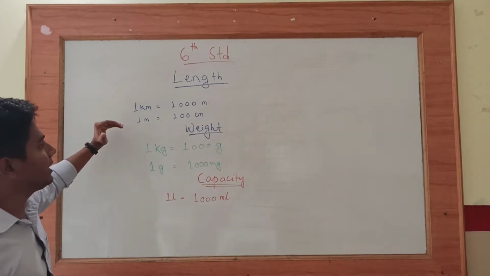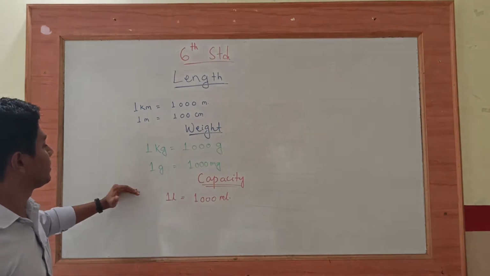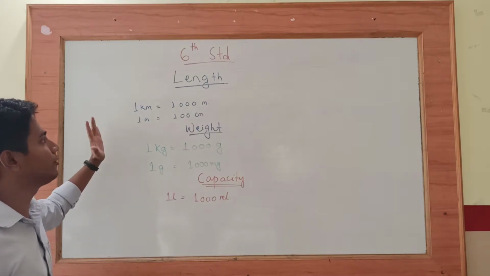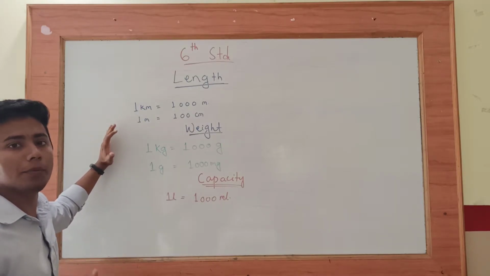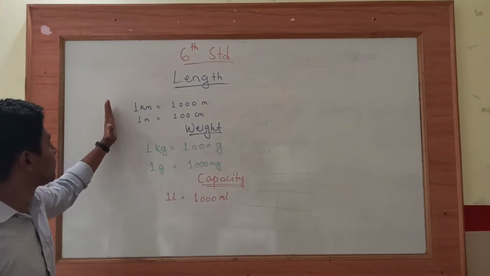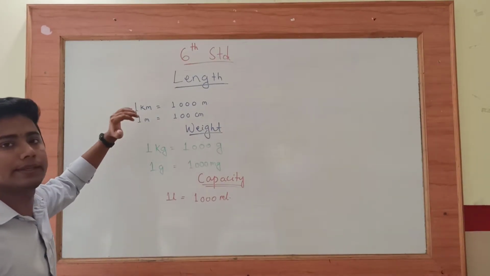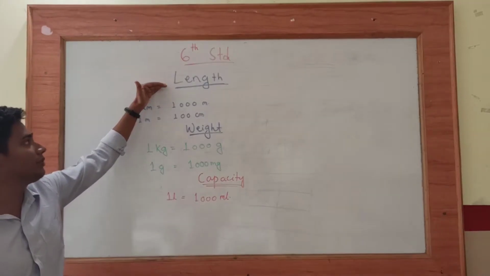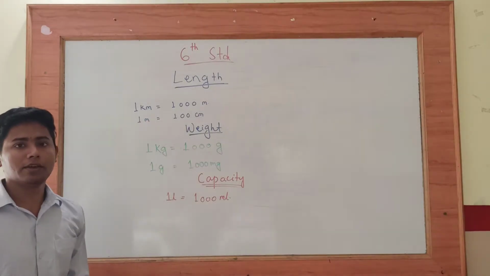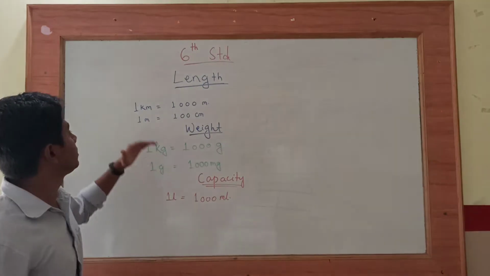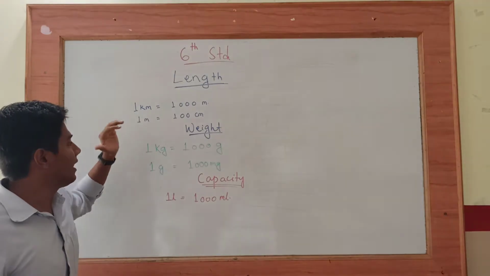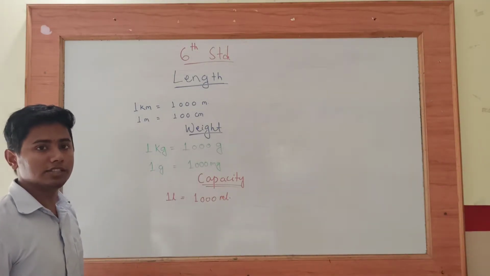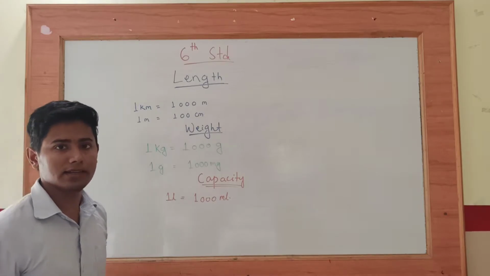So these three basic unit measurements we use to measure length, weight and capacity. So what is the difference between length, weight and capacity? Why do we use this unit for length, this unit for weight and this unit for capacity? These questions arise in your mind, am I right?